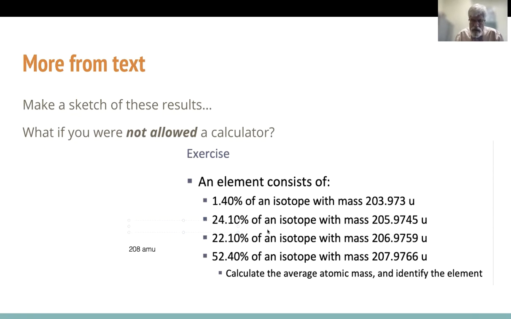So I'm going to assume that these are each 25% of my sample. And so when I go to average those, I'm looking at something like 206.5. Okay, now do we see then that there's a gap between these of 1.5 AMU?